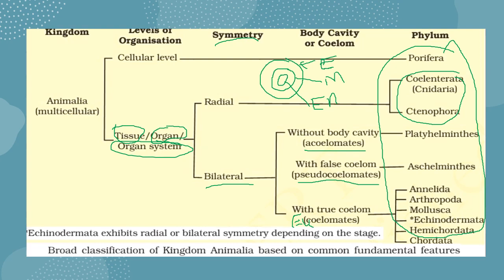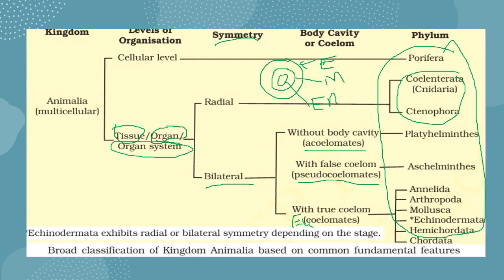You can imagine the endoderm, mesoderm and ectoderm, three layers. If you remove the middle layer, between the first and the third there is an empty space created, and that is your body cavity. So if it is formed like this due to the mesoderm, then it is called eucoelomate, meaning a true cavity.